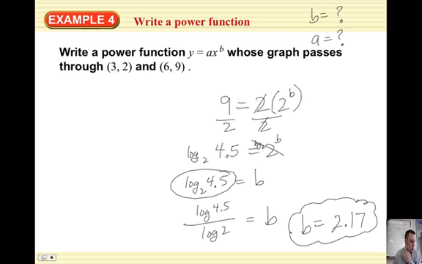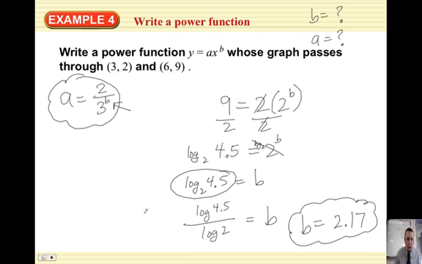So, we already said what a was back in the beginning. If you look back a little bit, a was equal to 2 over 3 to the power of b. That's what we substituted in the second equation, right? We know b. Let's put it in there.